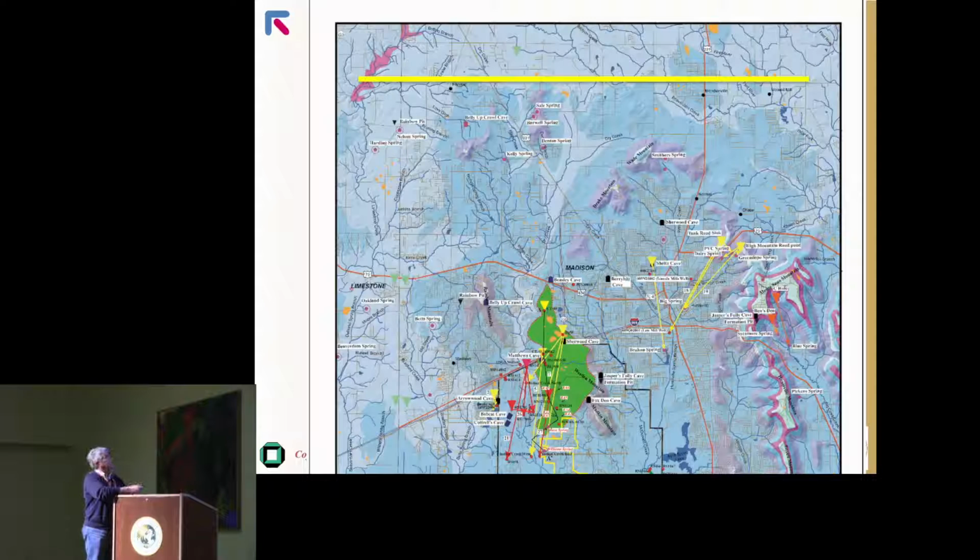North of this line is the allogenic recharge, and south of this is the autogenic recharge area. This line basically shows the northern limit of outcrop of Fort Payne, or Tuscumbia limestone, which is the main aquifer at the site.